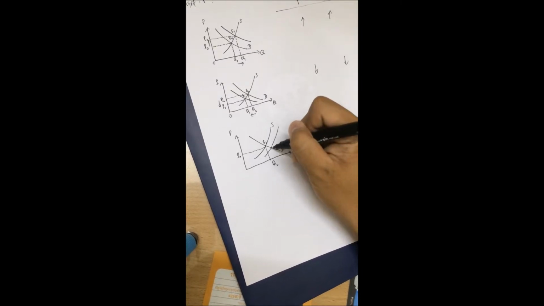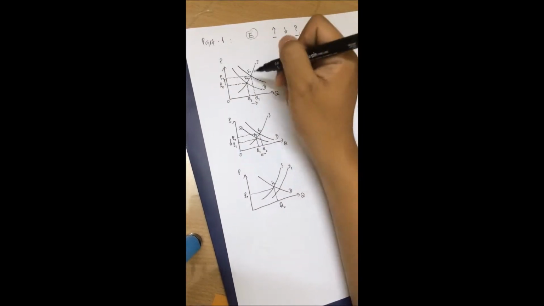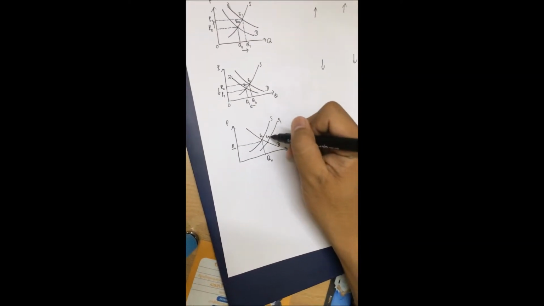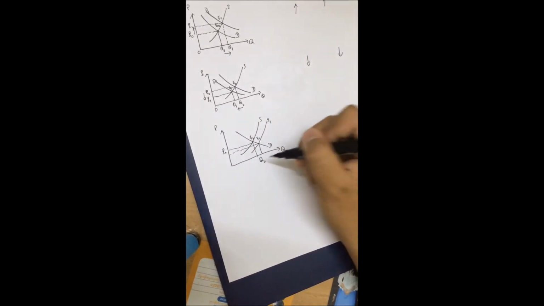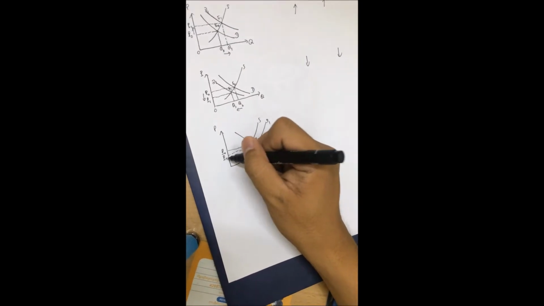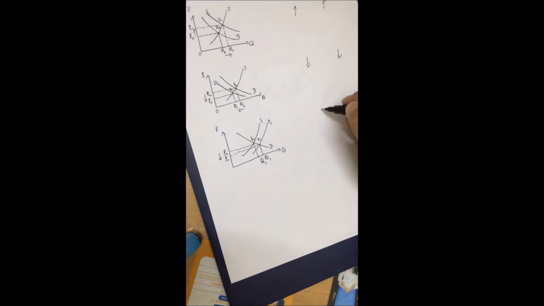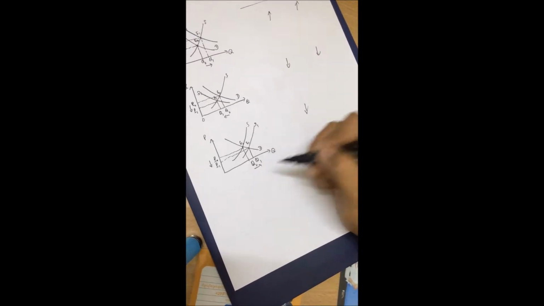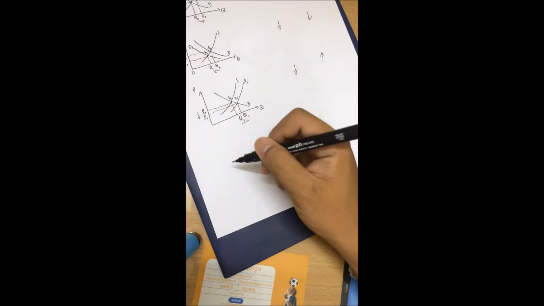I forgot to label this: it's S1. S1 gives you E1, and you do the same thing. You get Q1 and P1. So P0 to P1, it is a decrease. Q0 to Q1 is an increase.